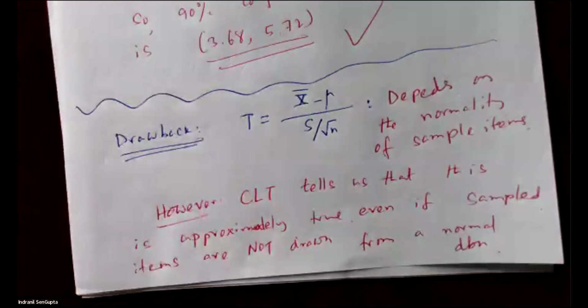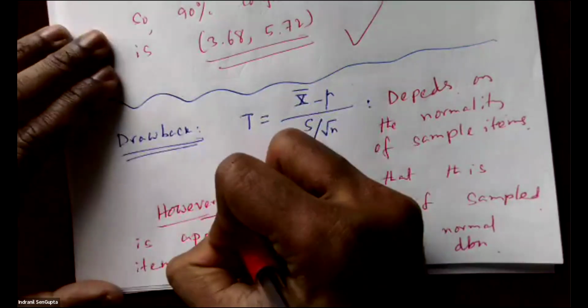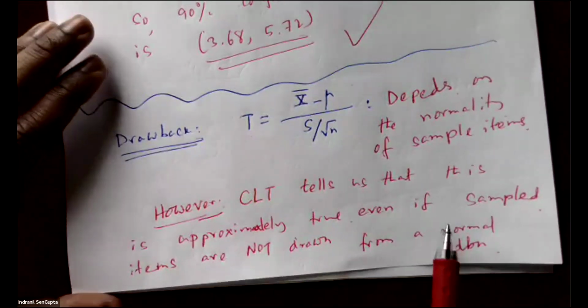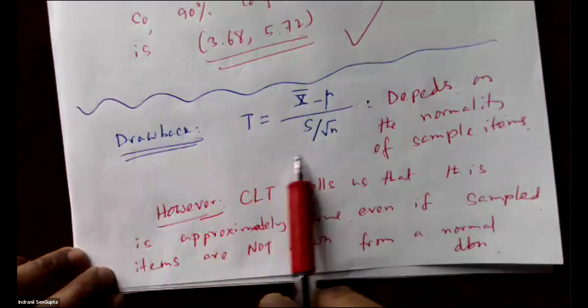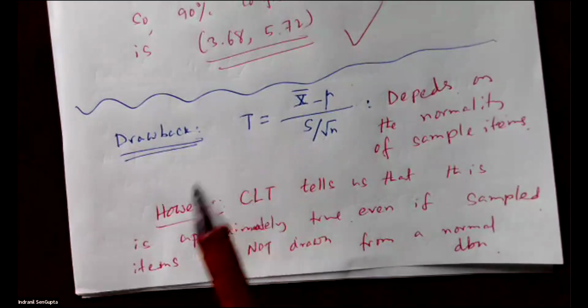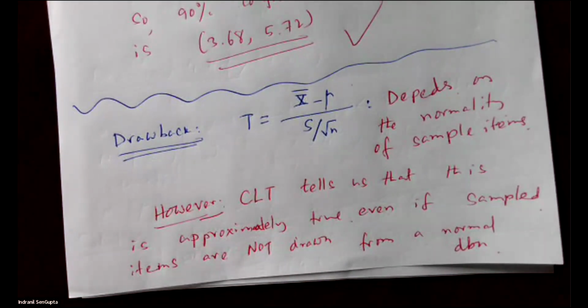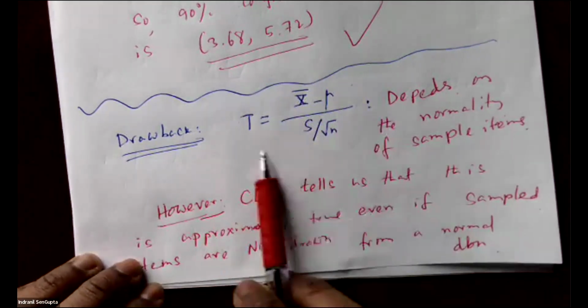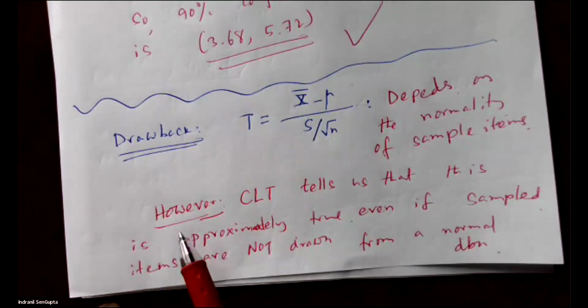Okay. We'll see what it means. I mean, we'll not discuss it a lot. But what I'm trying to say here is that this is a drawback, of course, that the samples may be drawn from some different distribution, and in this case, this T will not be a T distribution.